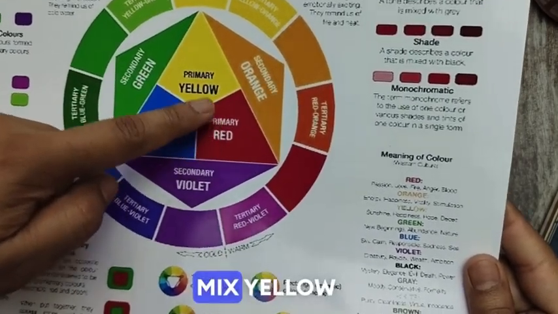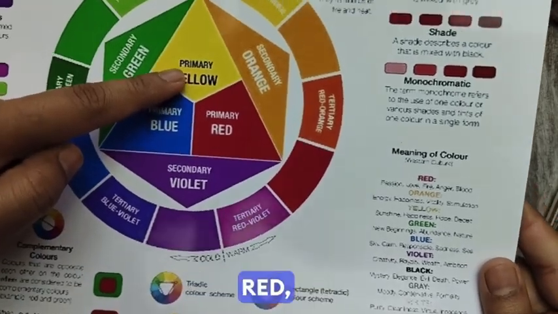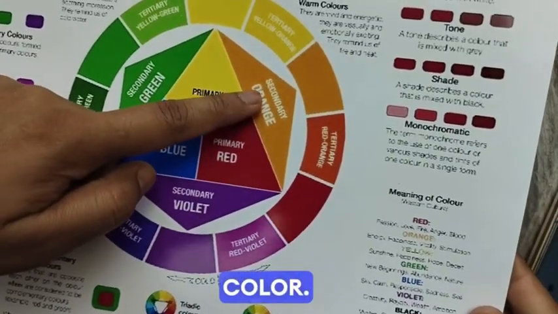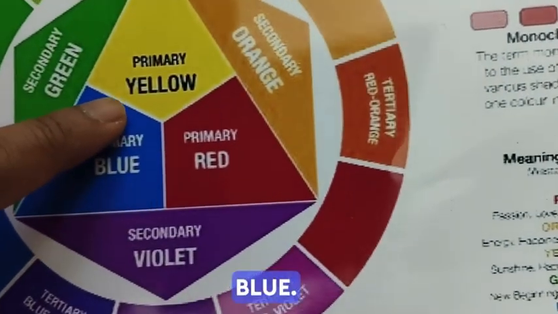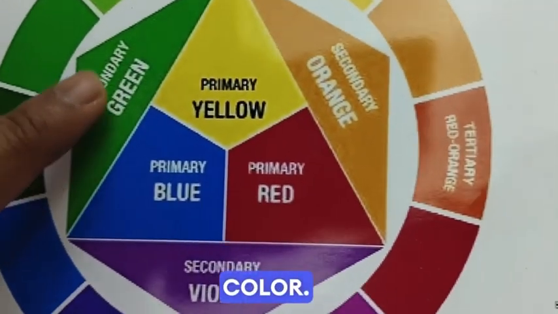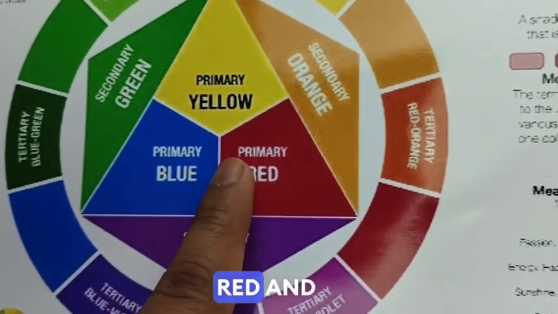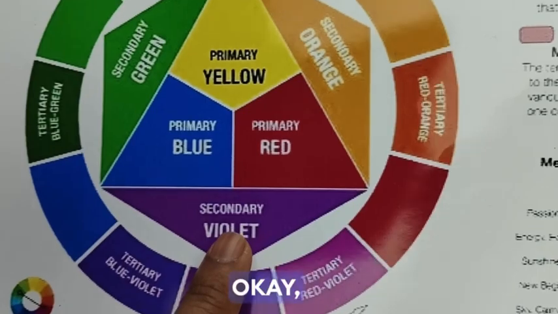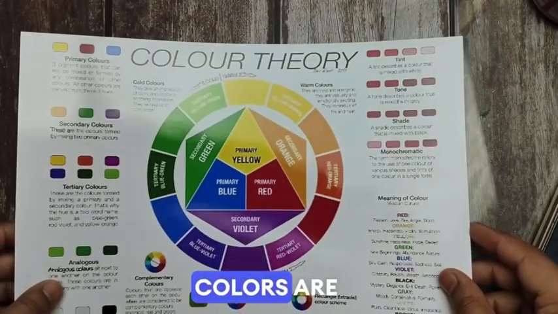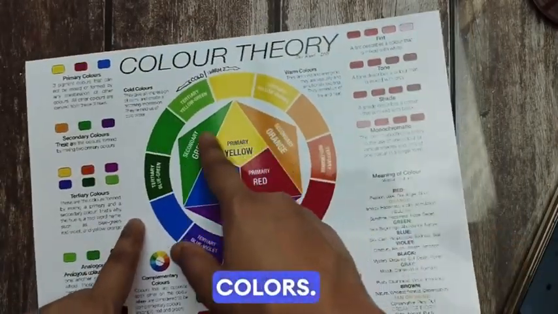Like if we mix yellow and red, we'll get orange color. If we mix yellow and blue, then we'll get green color. If we mix red and blue, we'll get violet color. Okay, so these all colors are secondary colors.